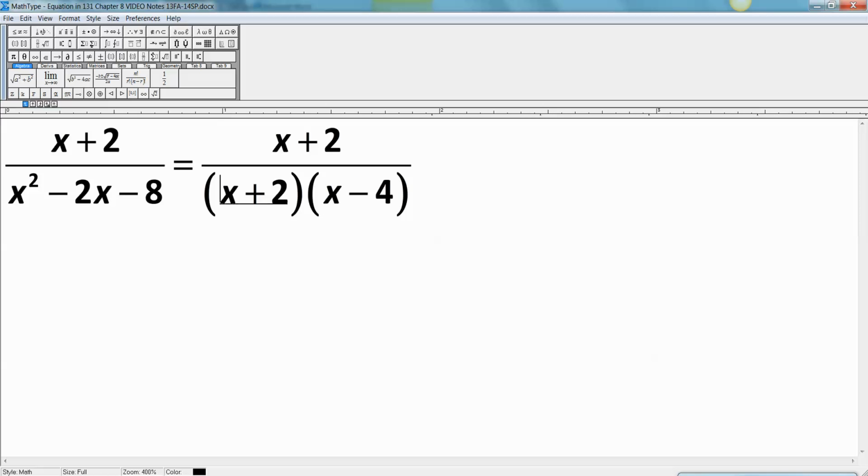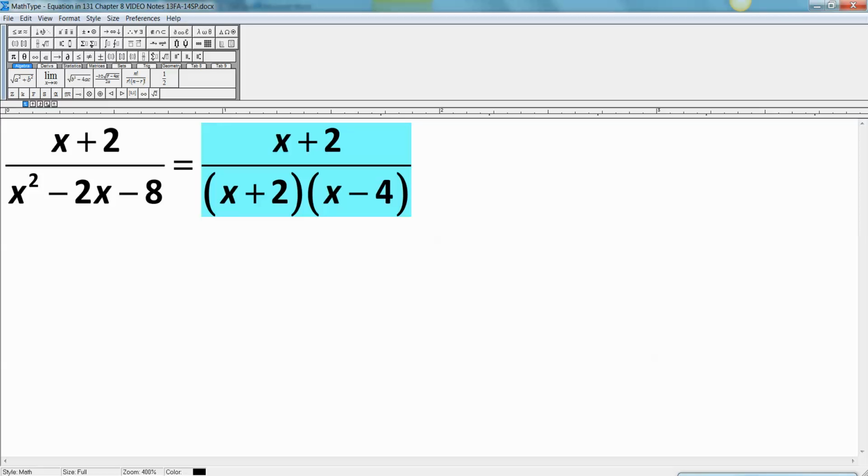Check it in your head. First makes x squared. Last makes positive 2 times negative 4. That's negative 8. That's good. And then the hard part is the outers and inners. Outers is negative 4x. Inners is positive 2x. When you add them up, you're going to get negative 2x. So this works.